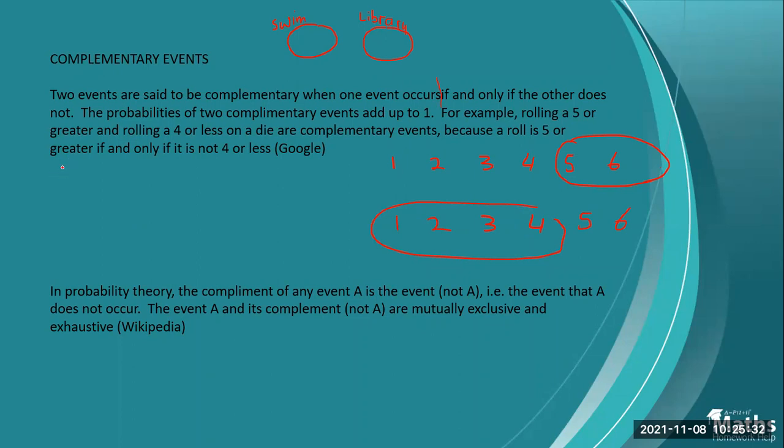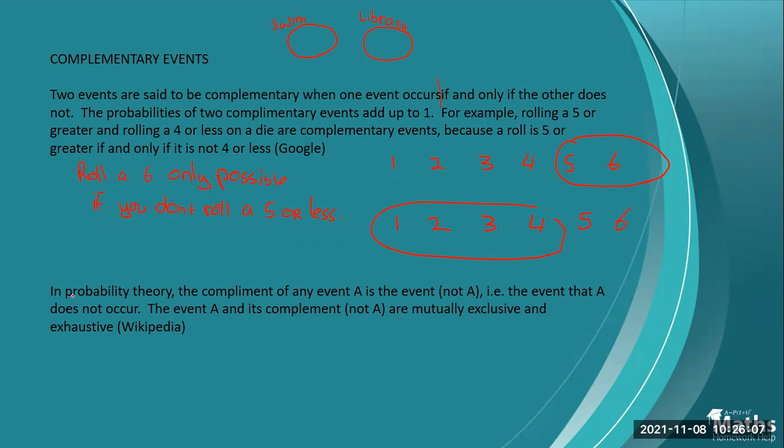It's just playing with words. It's just showing that it can't happen together. So they can also have said, for example, to roll a 6 will be only possible if you don't roll a 5 or less. That's obvious, isn't it? It's just to explain what it means.